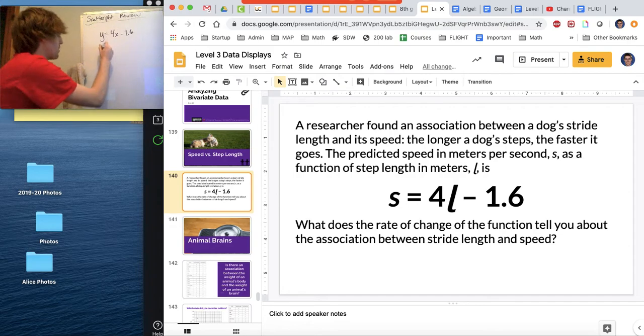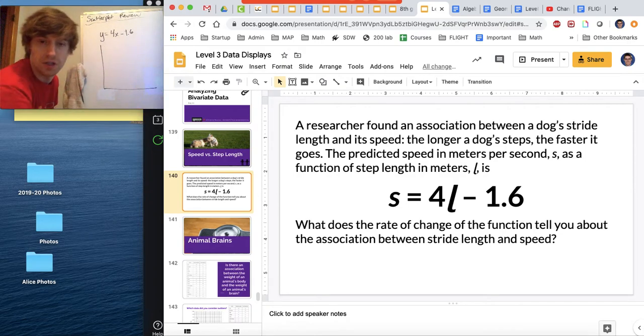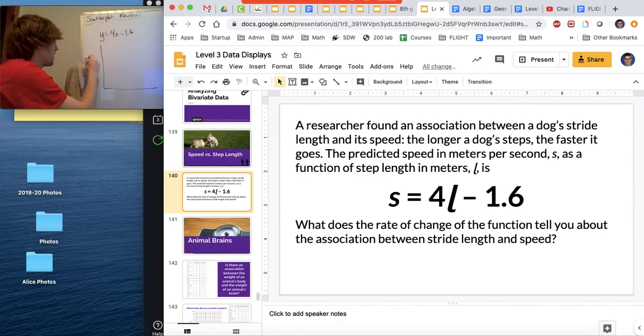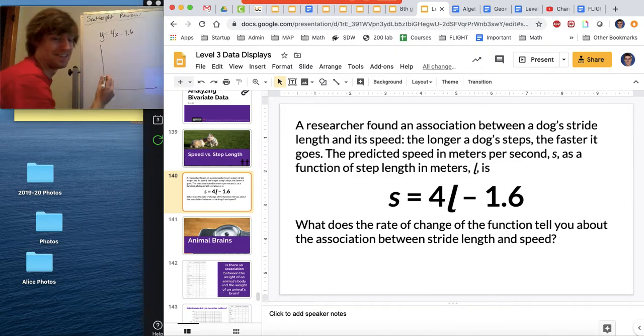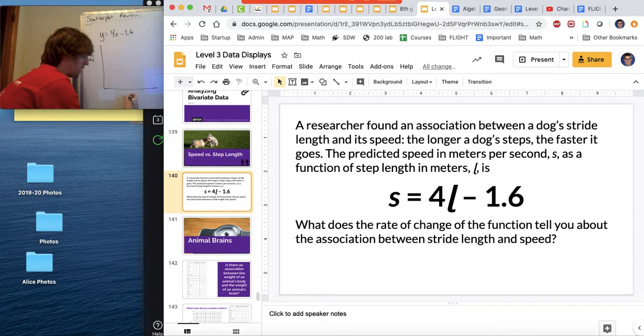If I draw a quick sketch, y is the stride length. No, that's wrong. S is speed, not stride. So this is the speed the dog goes, and then this is the stride length. That's why I don't like S.